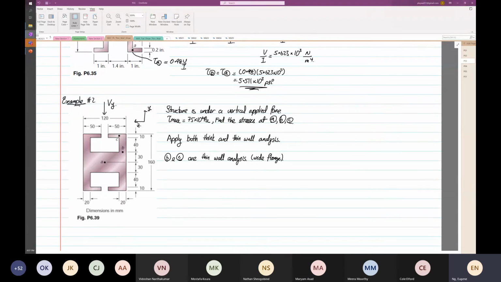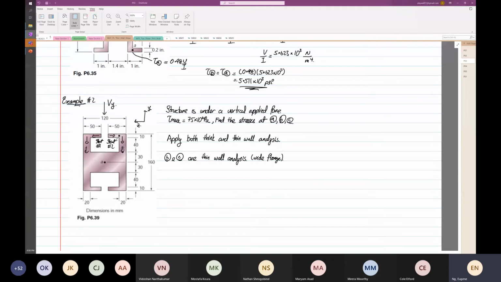Because if you apply a shear force here, you have one shear flow going one side and one going the other side. Now how many start points do you have? Start point number 1, start point number 2. You have 2 different start points. The left will not affect the right, so we classify it as wide flange.